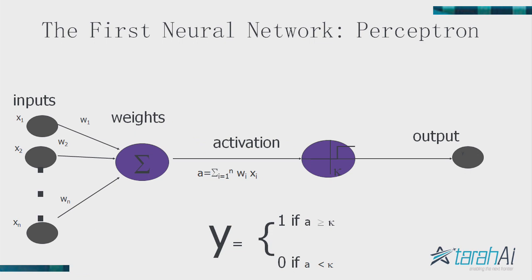We call it thresholding. Thresholding, you understand from technical terms? If something crosses a threshold, you say it is 1. If something is less than the threshold, it becomes 0.